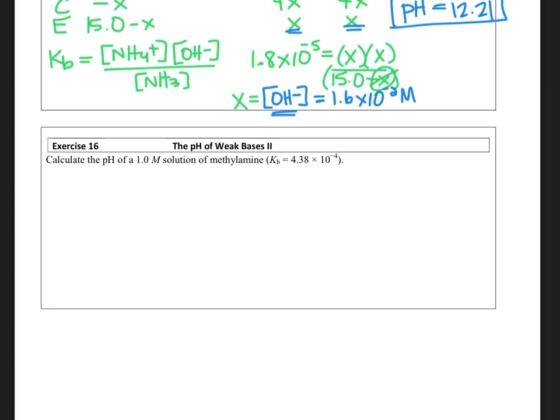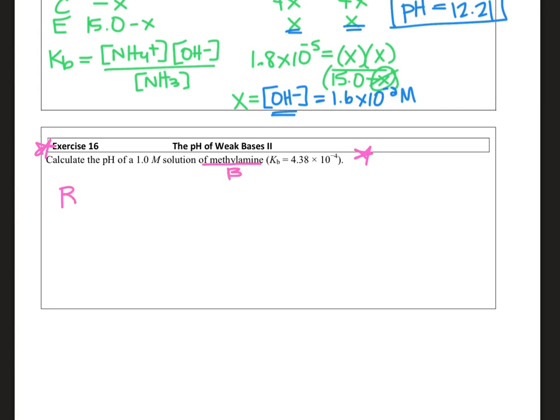So exercise 16 is another practice problem just like that. Again, I want you to do this one on your own, okay? And see if you can work through it. It's the same thing we just did. So it's methylamine. It doesn't give you a formula for methylamine. So what I would do is my generic equation. I would just make this B, for a base.